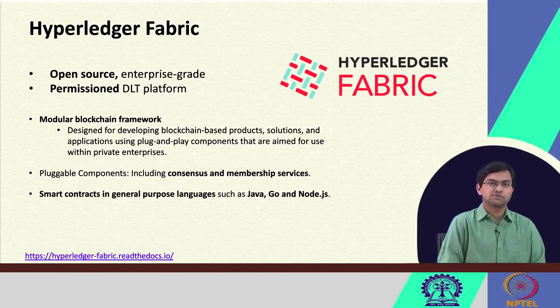You need to know them to write smart contracts, which will be capable of executing in an EVM. But here in Fabric, you can write your smart contracts in any general purpose programming languages such as Java, Go, Node.js. So that is a very nice advantage of using Fabric.